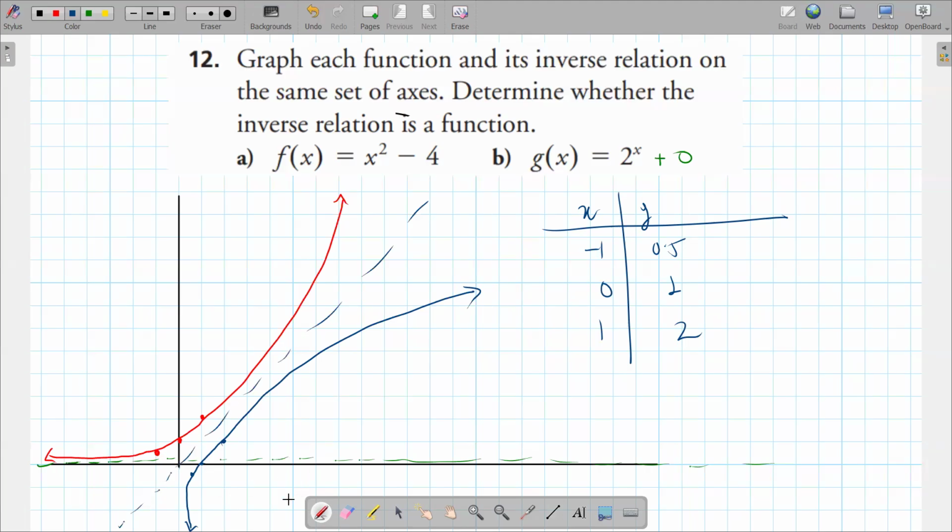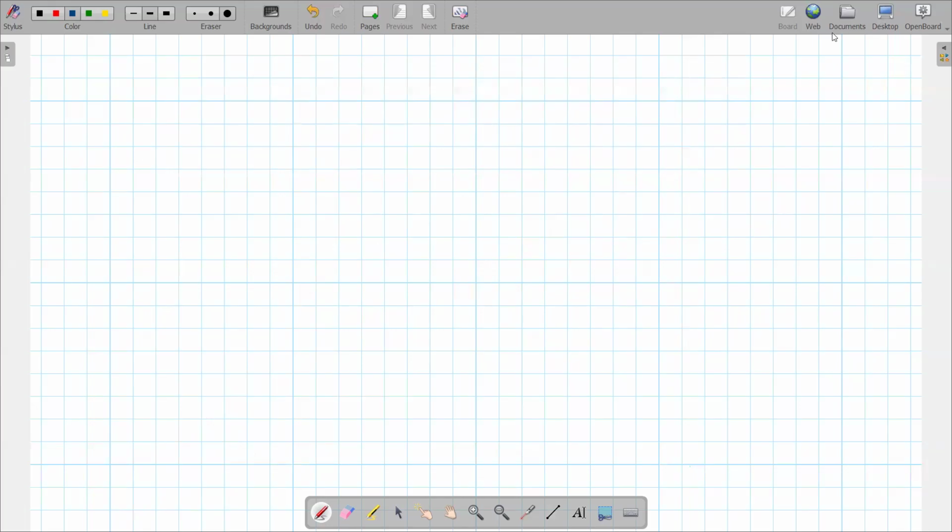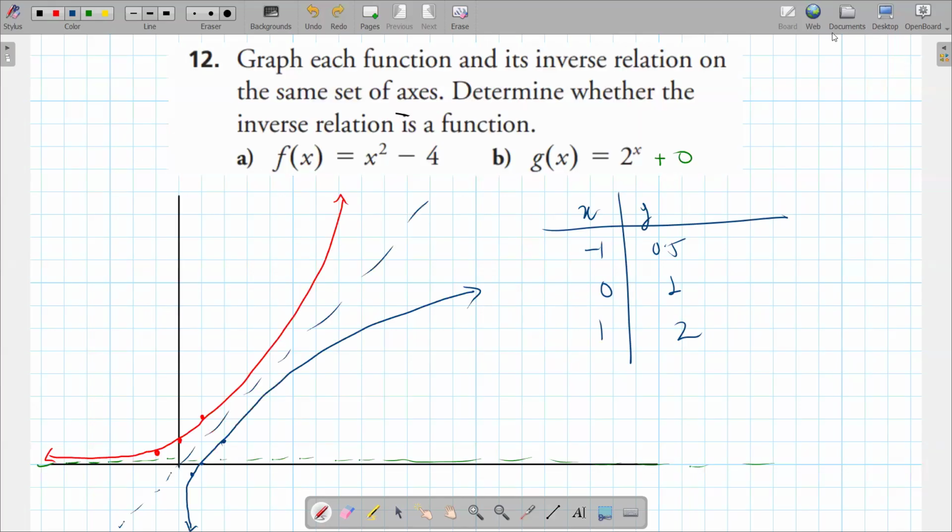Is the inverse a function? Yes. What's the name of the function for the inverse? It has a name. We did this today. We talked about it. What is the inverse function called?